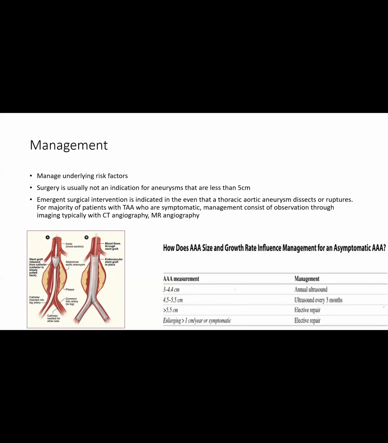Okay, for an aneurysm over 5.5 centimeters in diameter, surgery is involved, and this surgery is usually endovascular stenting.